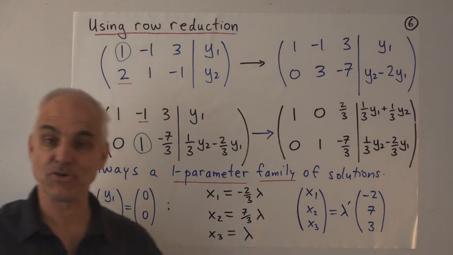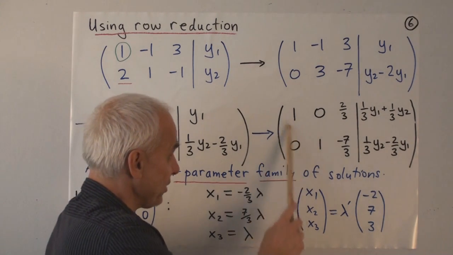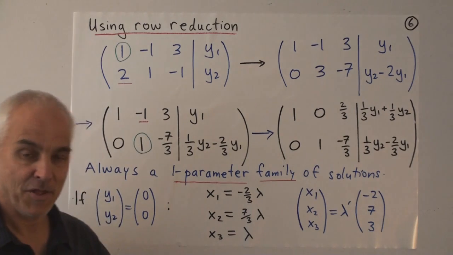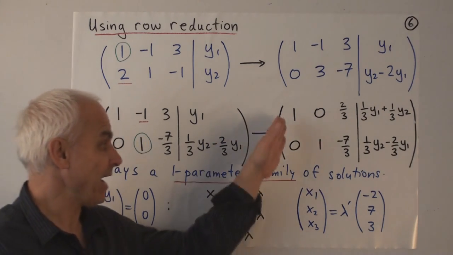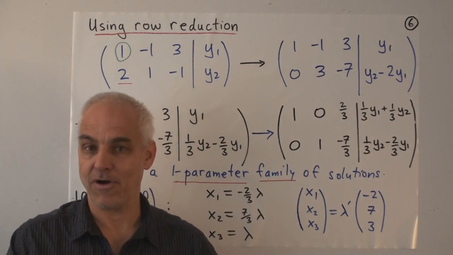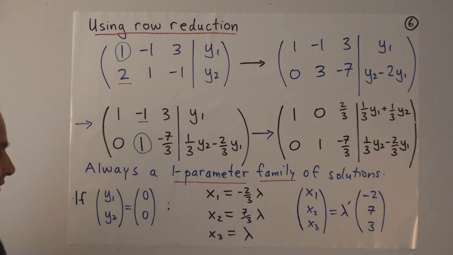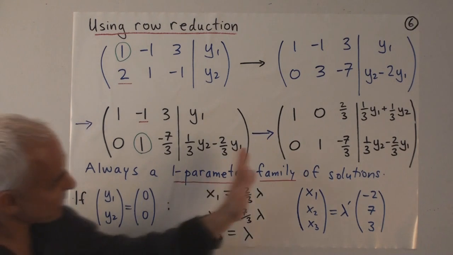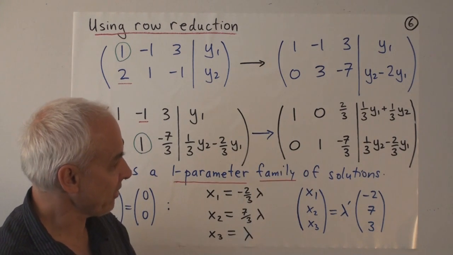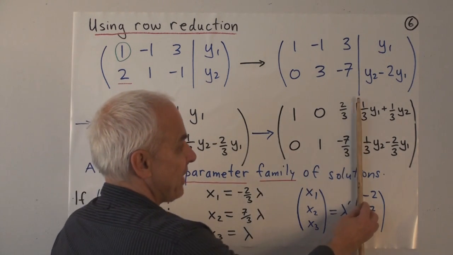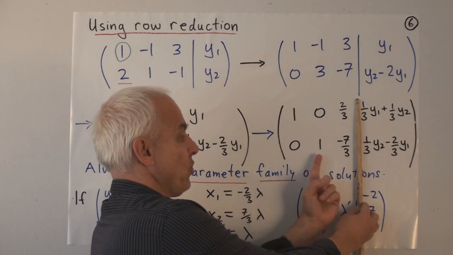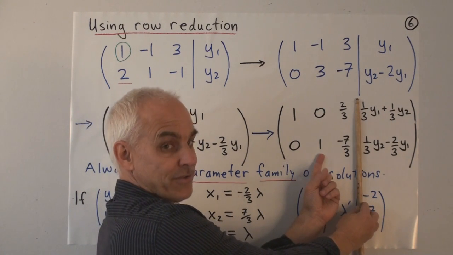It's already in fully reduced row echelon form because there are the 2 leading entries. They are both 1, and the columns containing them are all just zeros. So we can read off the solutions. And the solutions have a parameter involved because on the left-hand side, these 2 leading columns are not the only columns.